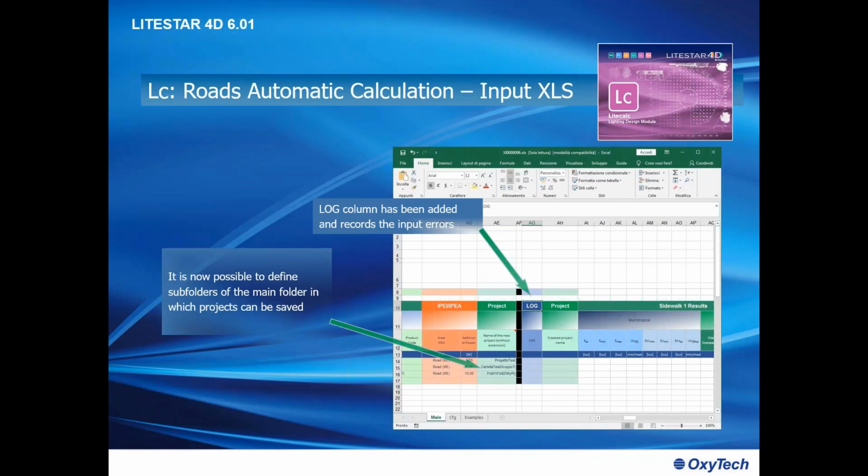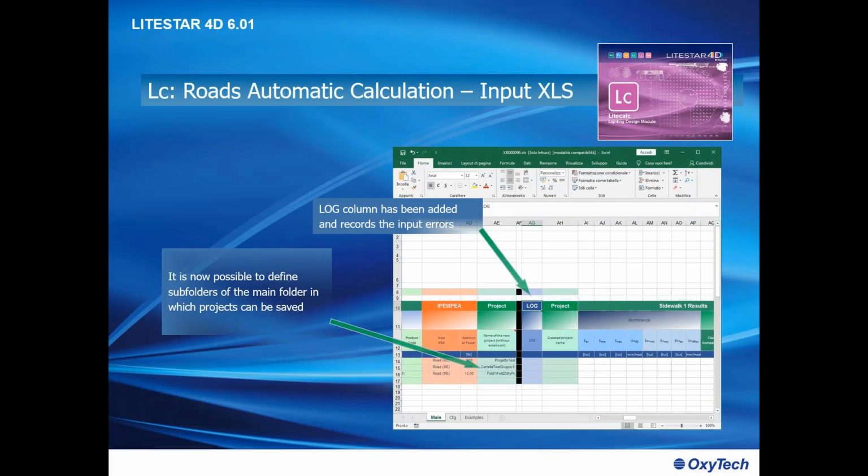Something similar was also defined for the project names and the project subfolders. Before, it was only possible to use a single main folder. Now, starting from the main folder, you can define some subfolders where you can save your projects.